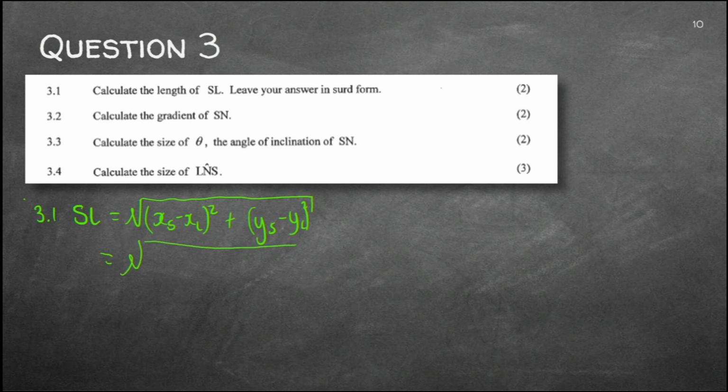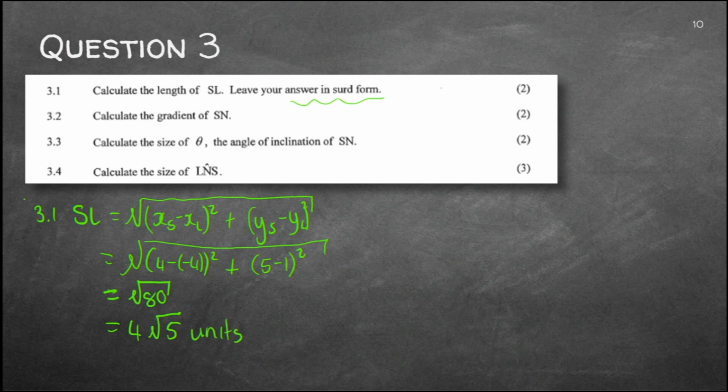Substitute in. So it's 4 minus 4 squared plus 5 minus 1 squared. If you simplify, you'll get the square root of 80. And more importantly, make it 4 surd 5. Please do not make it a decimal, as they clearly stated it in simplest surd form.